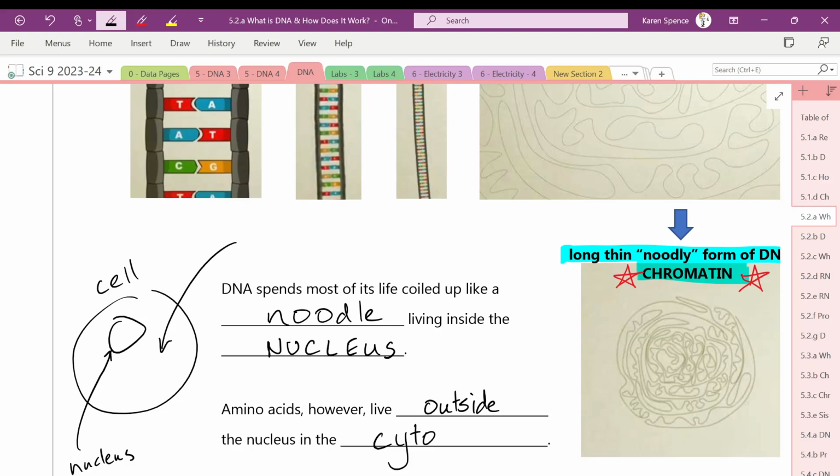So it means cell plasm. So if you ever hear something about cytokinesis, I don't know if you've heard it. Have you heard of kinetic energy? Kinetic energy is the energy of movement. So kinesis is moving. So you might sometime hear the word cytokinesis.